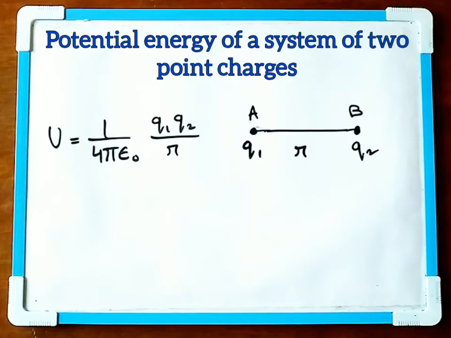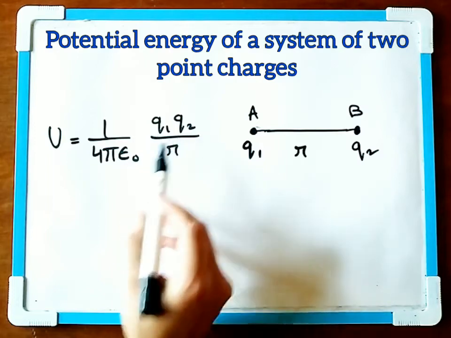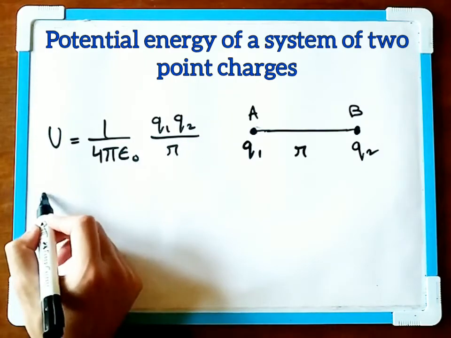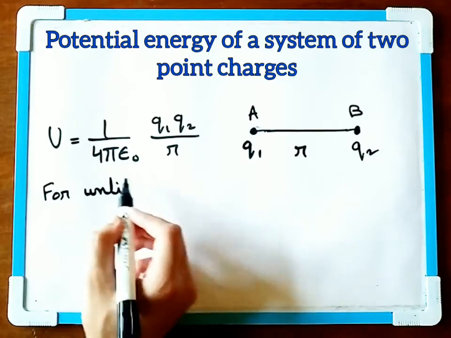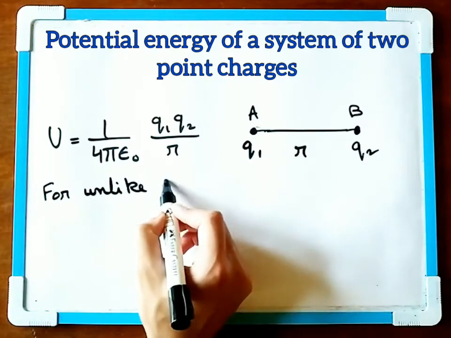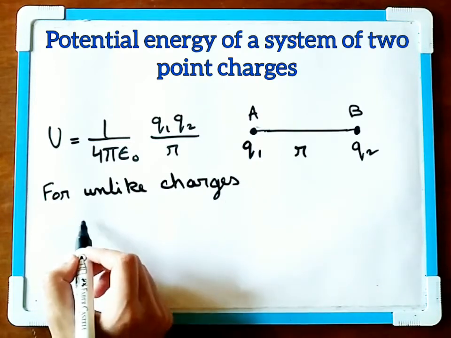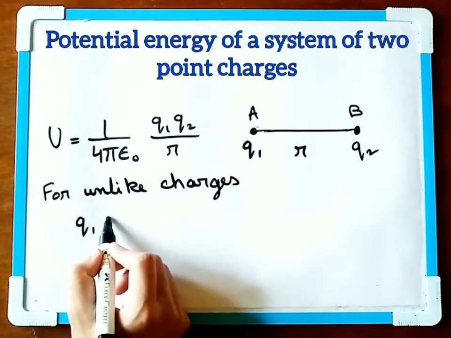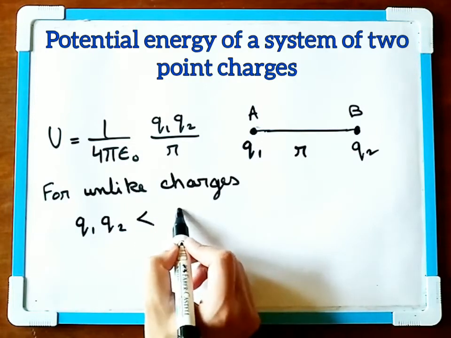Now the potential energy of a system of 2 point charges can be negative or positive. If Q1 is negative and Q2 is positive, so for unlike charges, the product Q1 Q2 is less than 0.